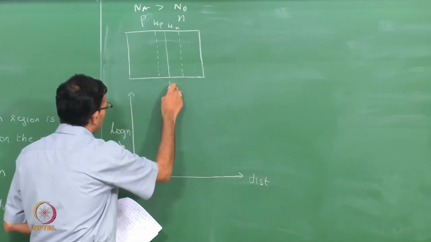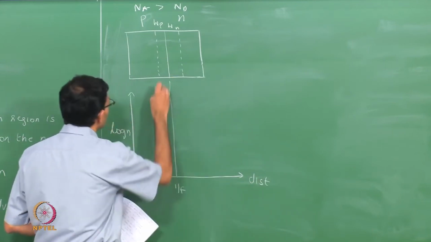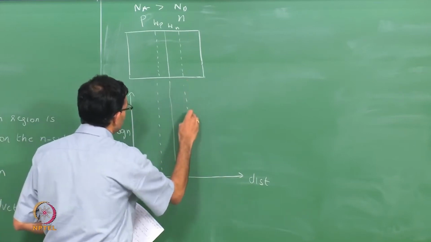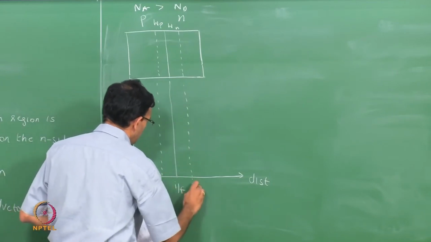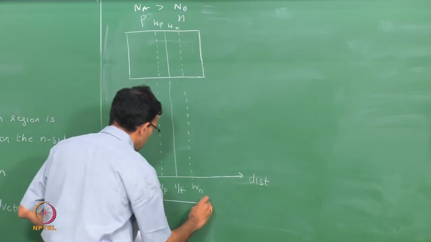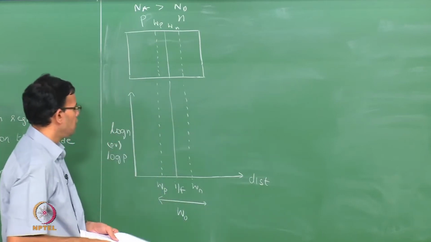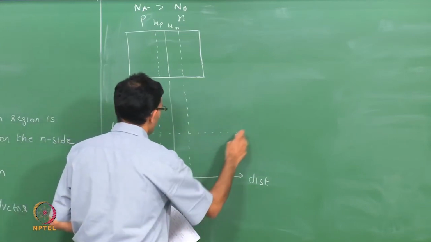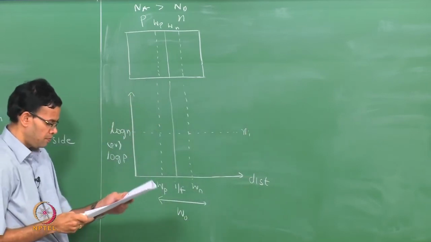Let me again mark my interface. This is Wp, this is Wn. So, this represents the depletion region. Let me also mark Ni. Ni is the intrinsic carrier concentration.